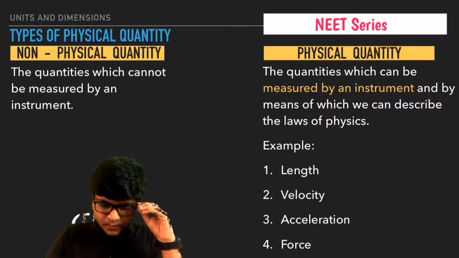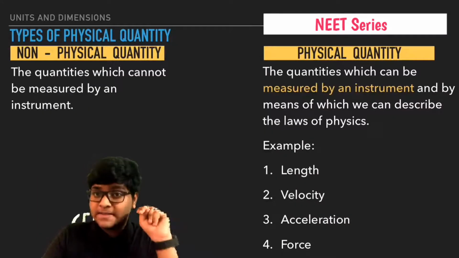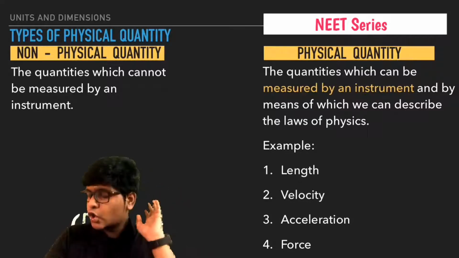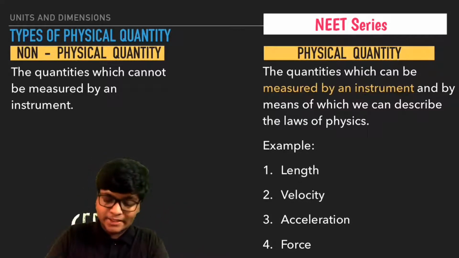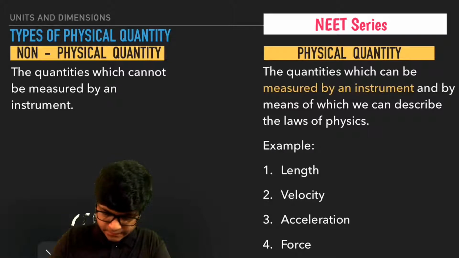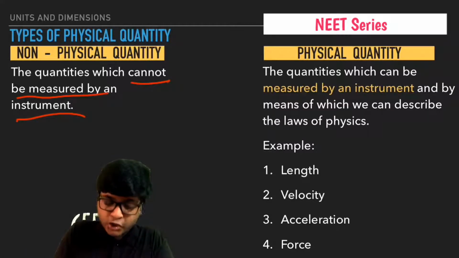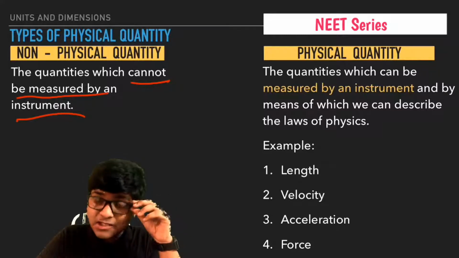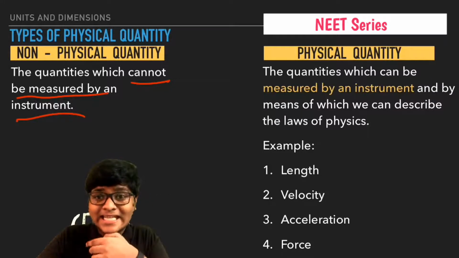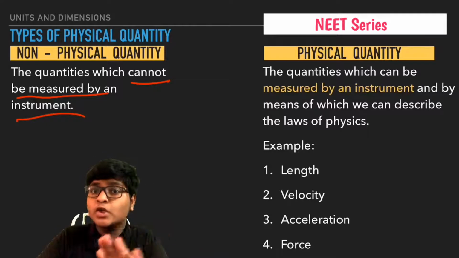Okay, so there are 2 types of quantities: non-physical quantities and physical quantities. The quantities which cannot be measured by an instrument are known as non-physical quantities. They don't require any instrument to measure.